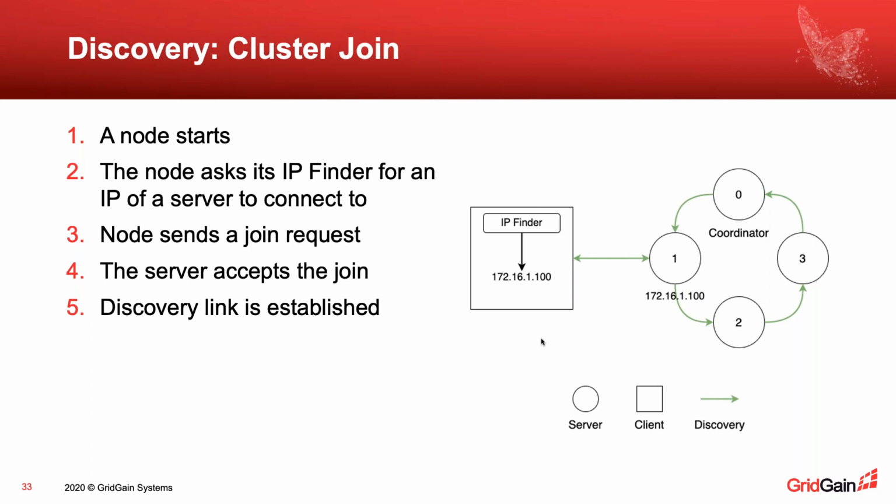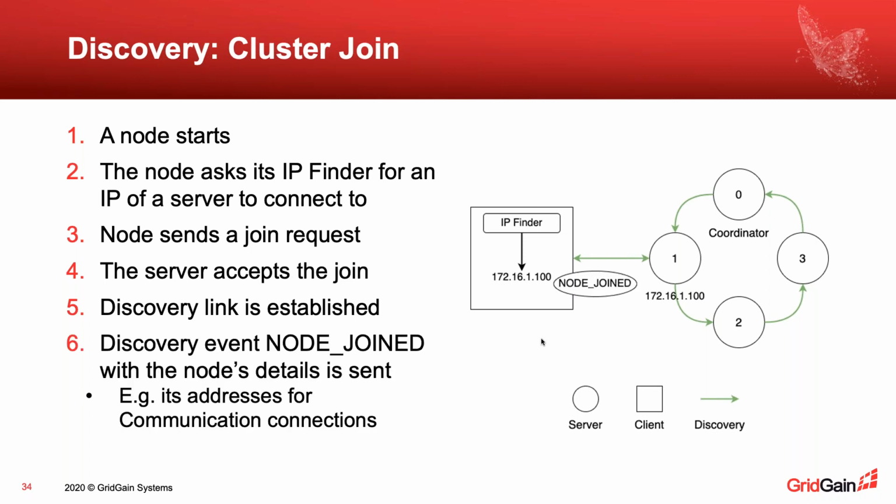To do that, we need to exchange information with the cluster over discovery. What our client will do is send its IP addresses, and a lot of other information about itself, to the cluster over discovery.